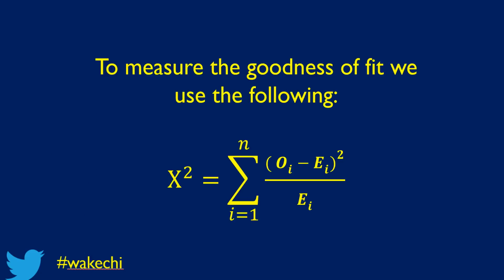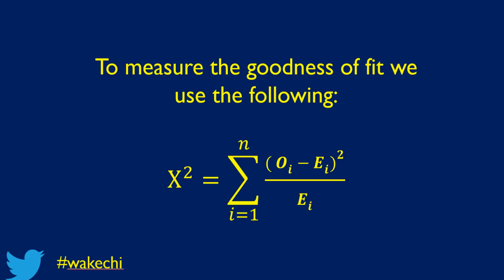To measure the goodness of fit, we use the following formula that you can see down here. What looks like an X is uppercase chi. So this is chi squared, and this is what we're finding out. There's no need to square root at the end, we just call it chi squared so we can show it's always positive.